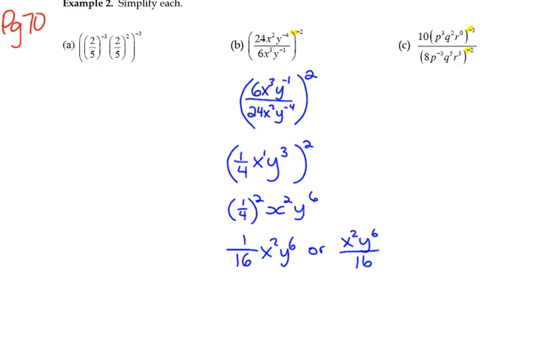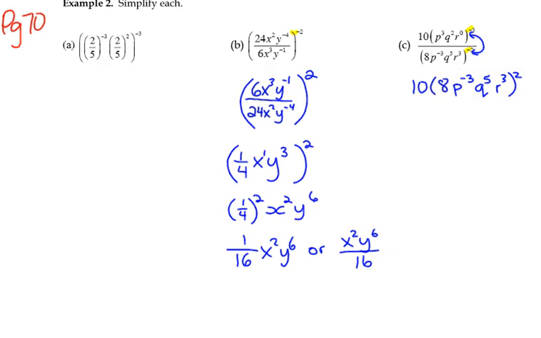So 10 is going to remain where? On the top. So 10 stays outside still and in the numerator. So this guy we're going to put to the bottom. These two are going to switch spots so that they now have positive powers. So the 8, everything inside stays the same because we're just taking care of the negative exponent on the outside.